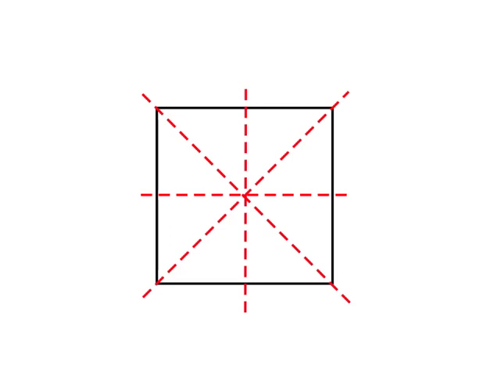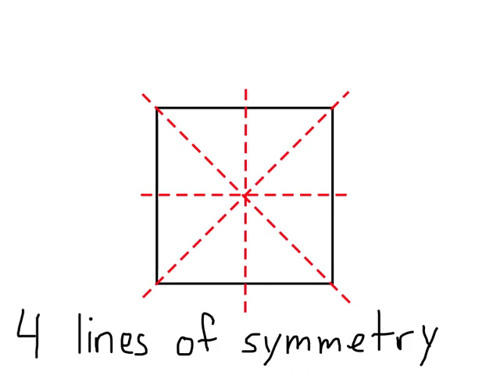So even though a square has 4 lines of symmetry, we only would look at one line of symmetry at a time. So we would only fold the square one way at a time. We wouldn't fold it on two lines of symmetry at any given time. But a square of all the quadrilaterals has the most lines of symmetry.